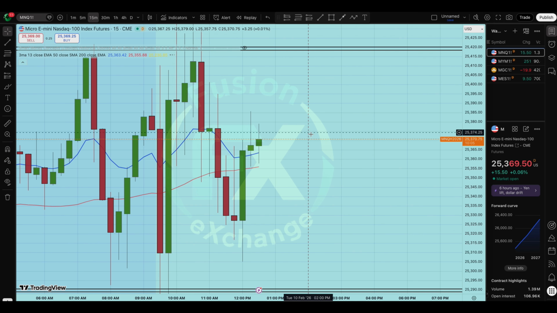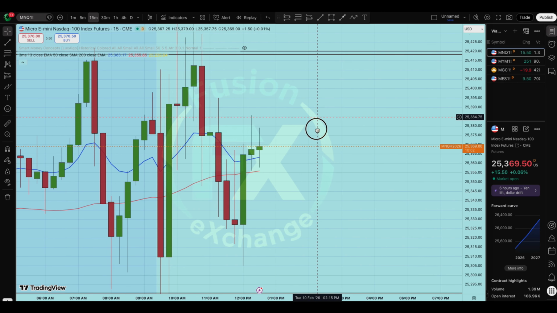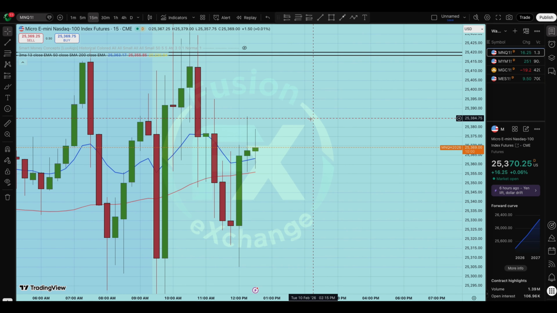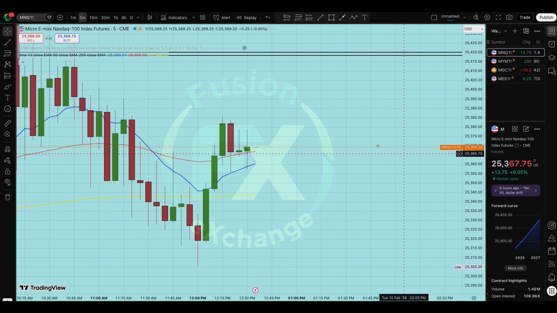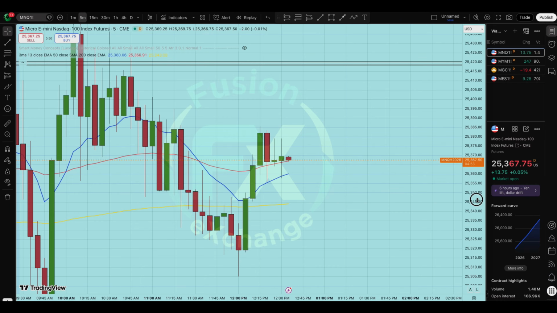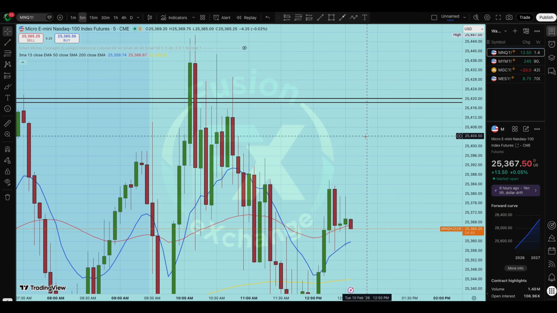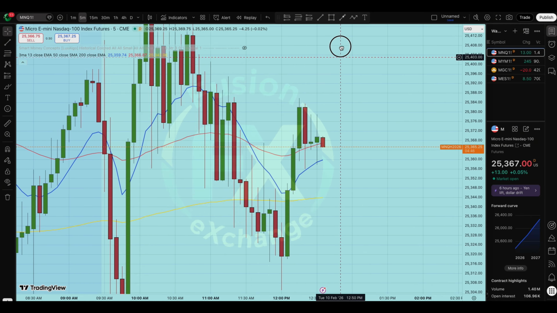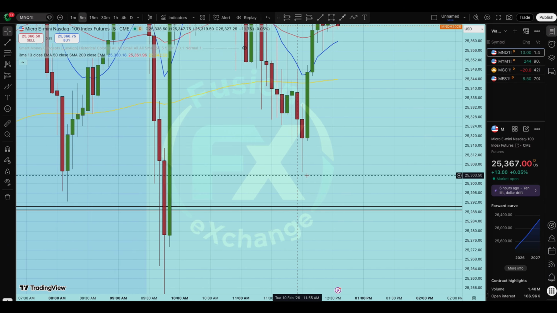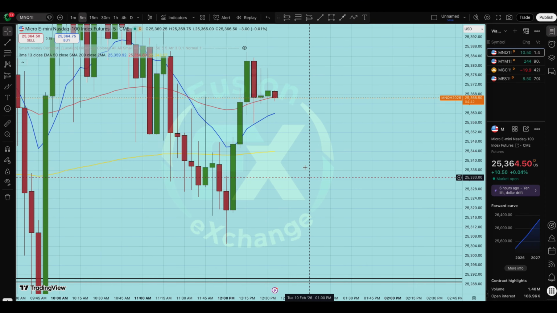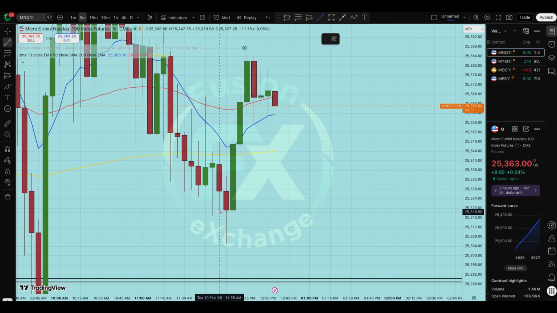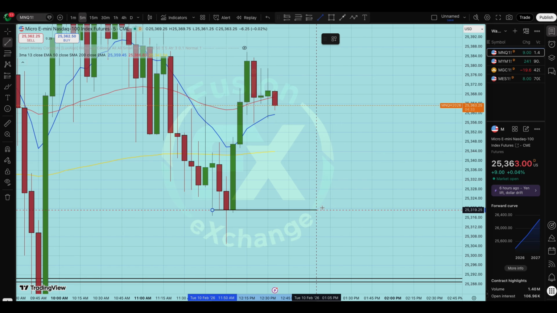All right, down to the 15 minutes now. I typically look for supply and demand on the higher time frame, and now we look for supply and demand on the entry time frame. So now we're down to the 5 minutes, and we have higher time frame resistance and higher time frame support. Now we look for other support internally and resistance internally.